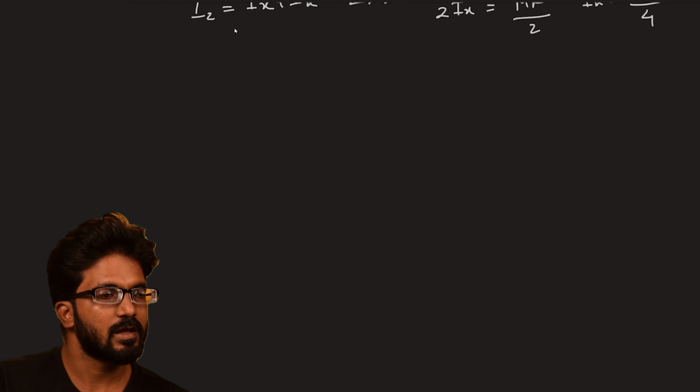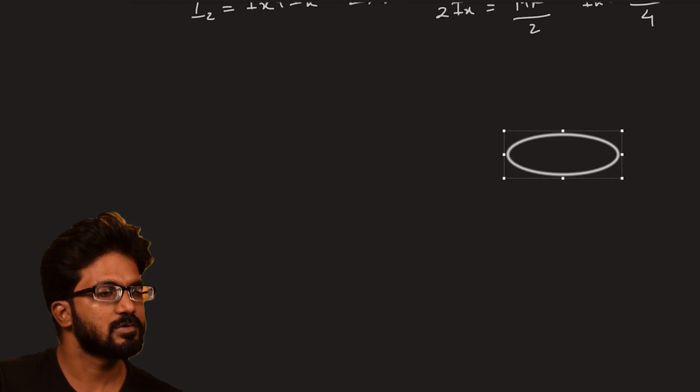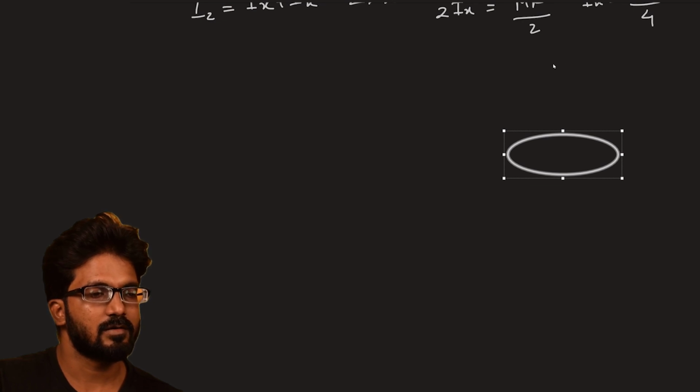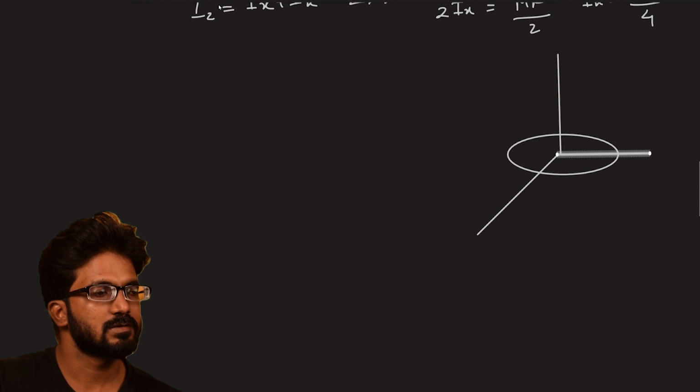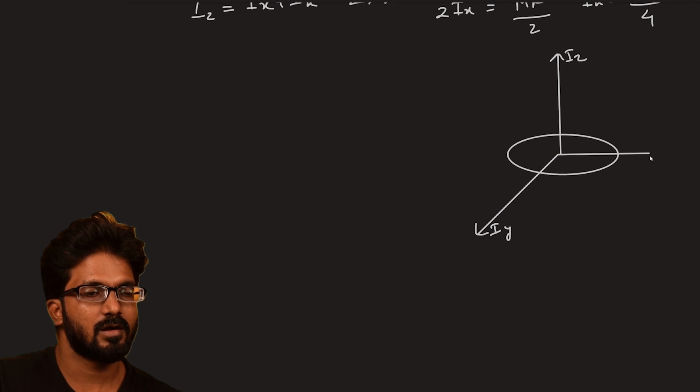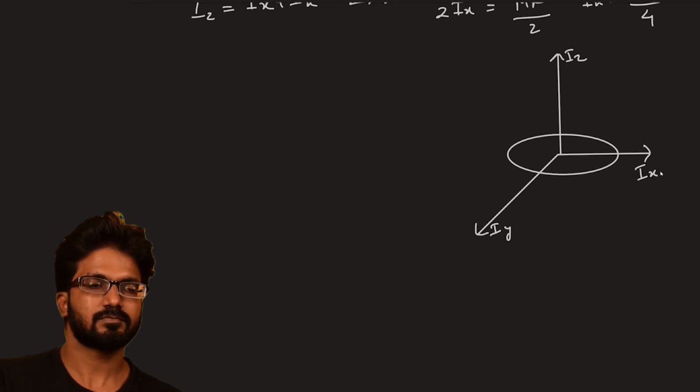The same concept we can apply for a ring also, and we can see that the axes perpendicular to the ring can be made like this. We can represent them as Iz, Iy, Ix.